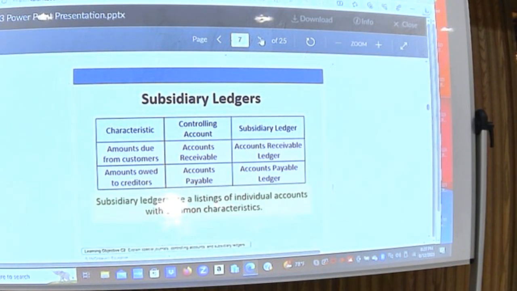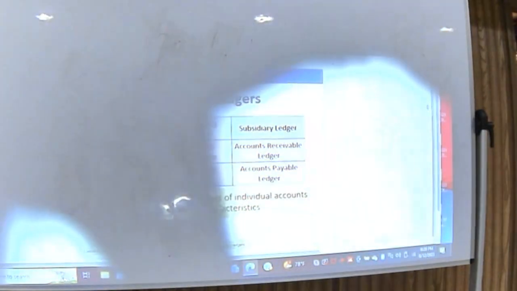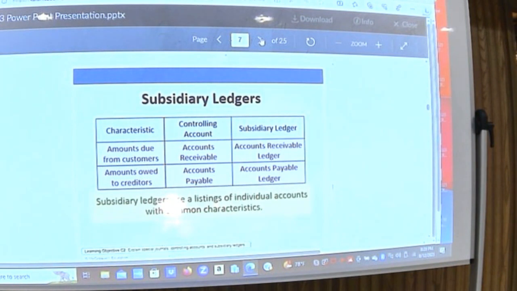The transactions that they had with you are listed there in an accounts receivable ledger. Now there's an accounts receivable account in your general ledger. Sorry, we've got a cat walking through our screen there. Amounts due from customers, okay. Everything is due from your customer.